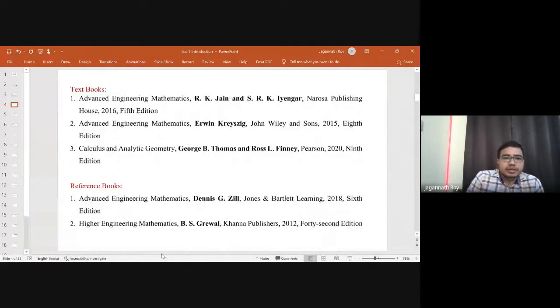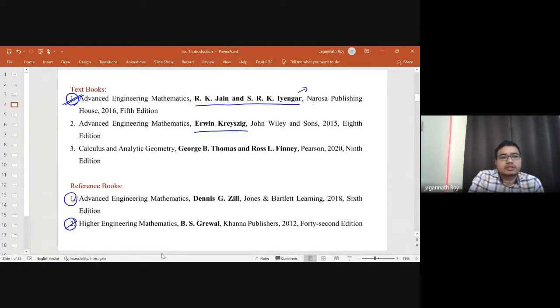Now for a reference book, you can follow either this one or this one. No single book is actually perfect. So I will collect from all the books to prepare my class notes so that you can have access, but it is better to follow or better to solve the problems. Although this PDF copy is not there, but you can also work on this PDF copy.